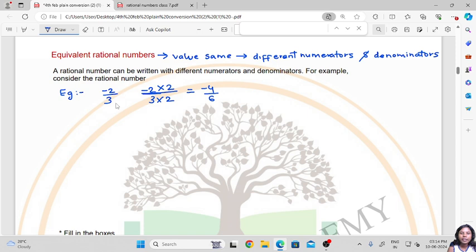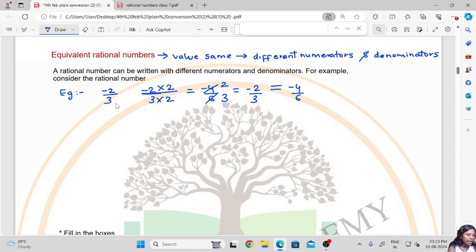If I divide this minus 4 by 6 again, 2 2s are 4, 2 3s are 6, so I get back my value of minus 2 by 3. So minus 2 by 3 is also equal to minus 4 by 6. Such numbers are called equivalent rational numbers, where I wrote the numerator and the denominator in a different format, yet my value remains the same.